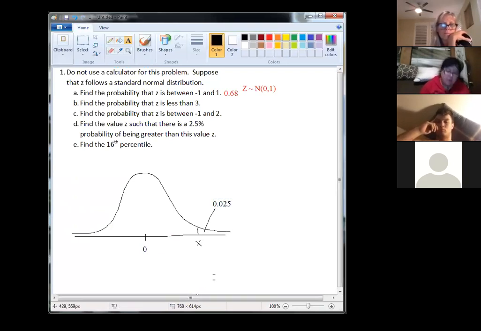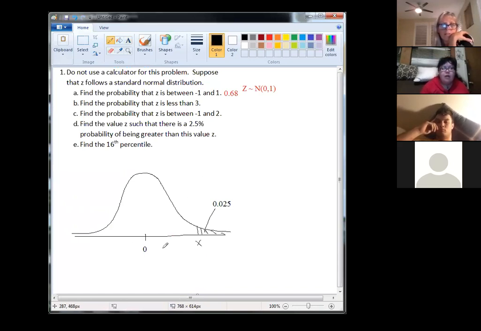Any questions so far? Let's shade that in a bit. So 0.025 is because of the empirical rule? No, 0.025 because that's what 2.5% is. I moved the decimal over twice to make it a percent, to make it a decimal. So that's just given. Do you see that? Right, so that's just given.